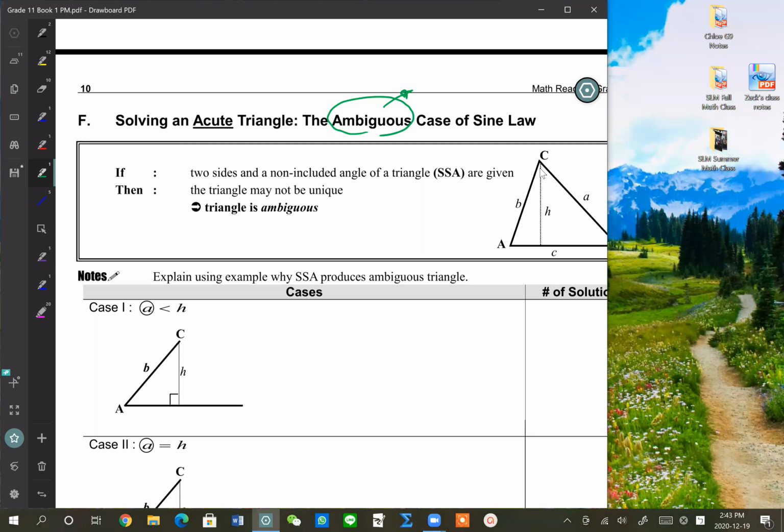Where did you hear it before? If you try to make a sentence out of it, how would you use it? It's like someone is ambiguous. Okay, so what do you think that means? If someone is ambiguous, what do you think that someone is?